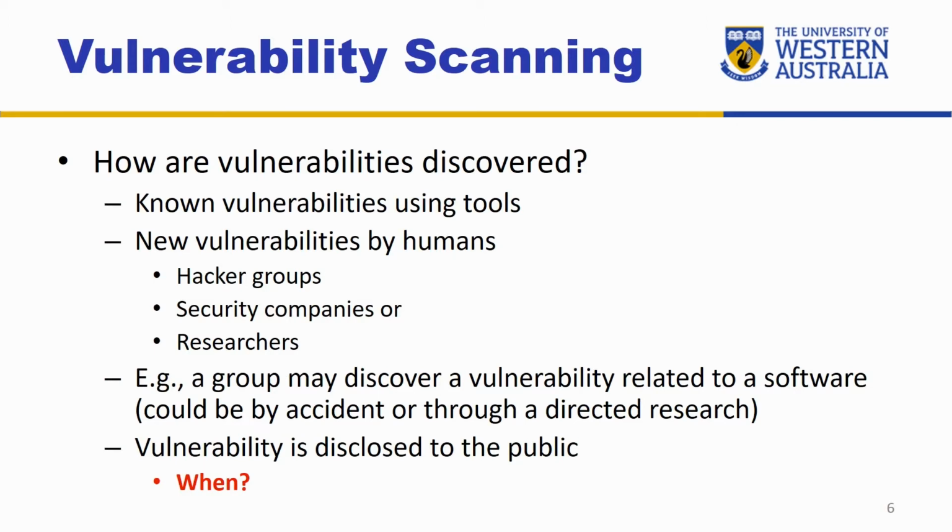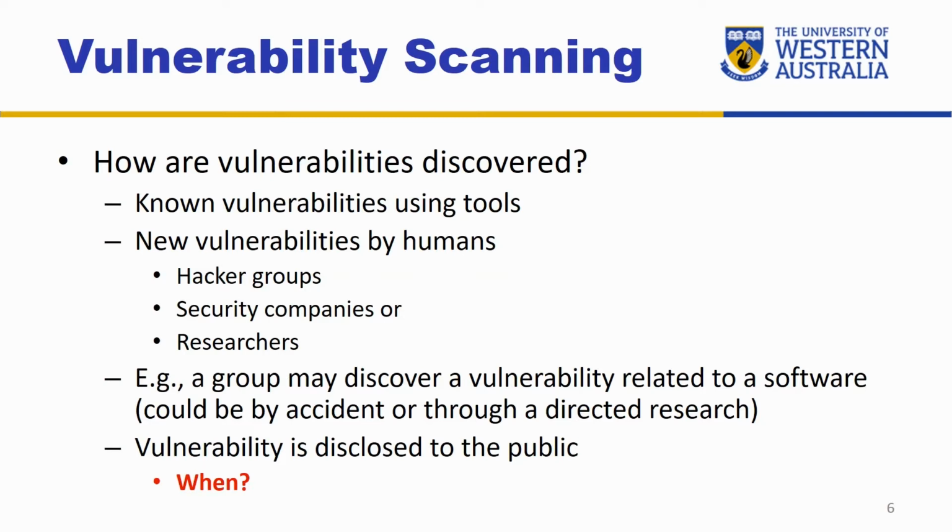For example, a group may discover a vulnerability related to a piece of software, and this can be by accident or through directed research. They could find this bug by accident. One of the first worms that was released, that vulnerability was found by accident, kind of. He wasn't really looking for it.